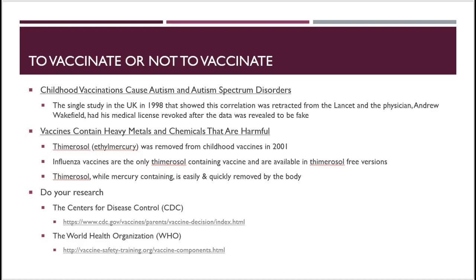Thimerosal is a preservative, and when you have a vaccine that has multiple doses, thimerosal is used to protect the vaccine from microorganisms that could be exposed to the vaccine when you're drawing multiple doses from the same vial. While thimerosal is a mercury-containing compound, it is also easily and quickly removed by the body.